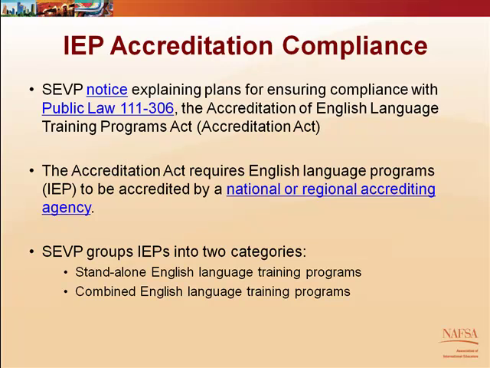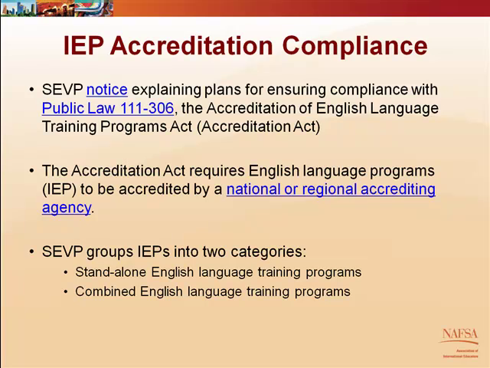SEVP has evidently grouped IEPs into two categories: standalone English language training programs and combined English language training programs. Although SEVP does not fully define these two groupings, it's assumed that standalone refers to SEVIS certified schools that offer intensive English language instruction in their own facilities and as their primary or only course of study.